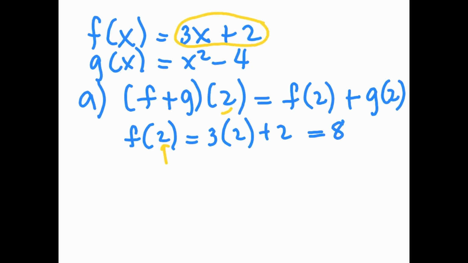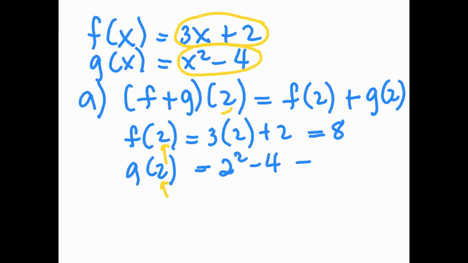Similarly, for g of 2, we'll also substitute x equals 2 into this expression for g of x, for us to get 2 squared minus 4. This will be 4 minus 4 equals 0. Thereby, this sum will now become 8 plus 0, which is equal to 8.